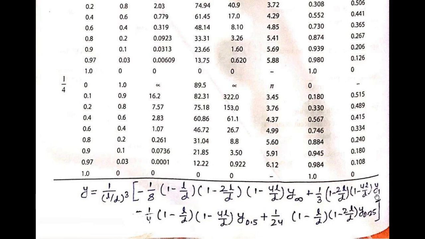Similarly here Y1 means S1, because we are calculating the Sommerfeld number, means Y is S, so it is S1, means Sommerfeld number at L by D ratio equal to 1. Similarly it is Y 0.5, S 0.5 means Sommerfeld number at L by D equal to 0.5.